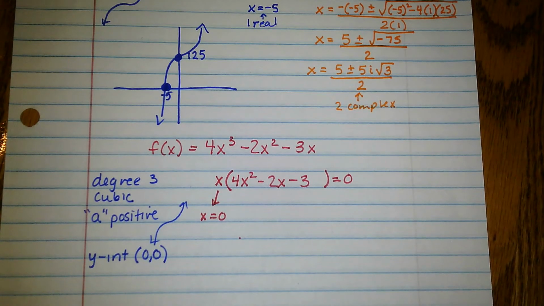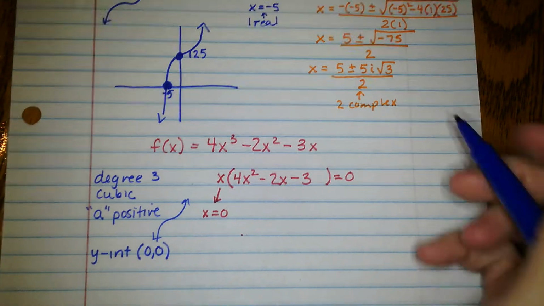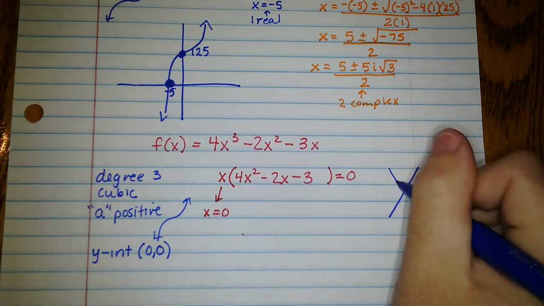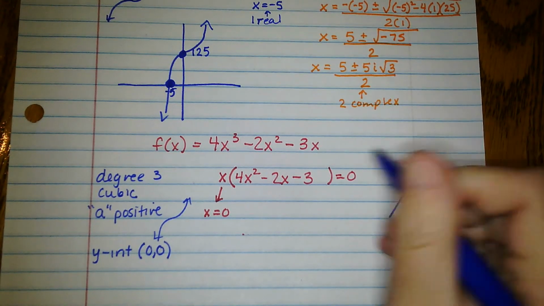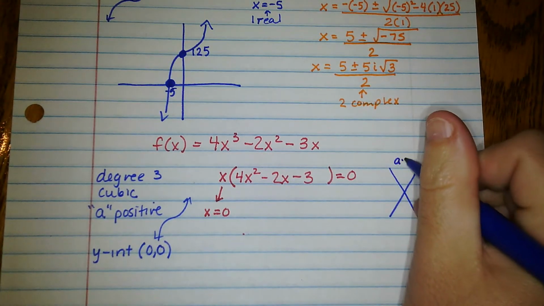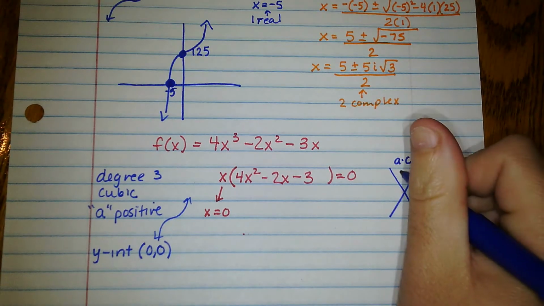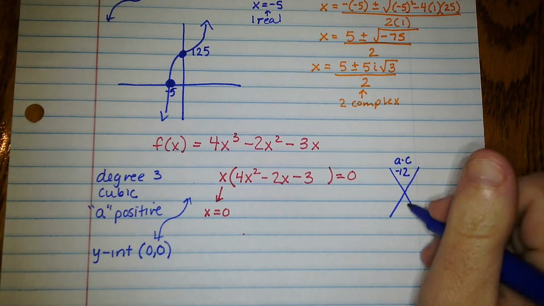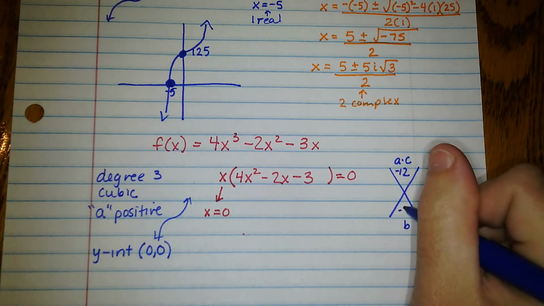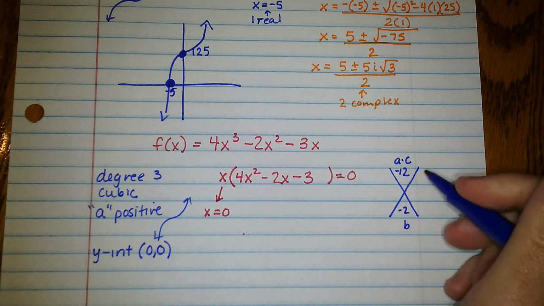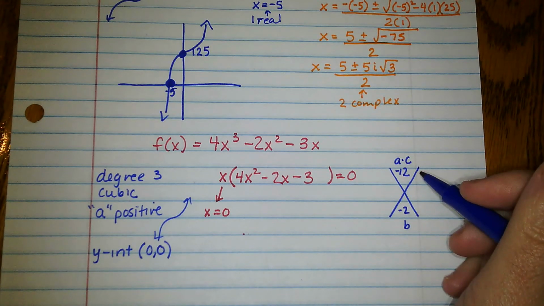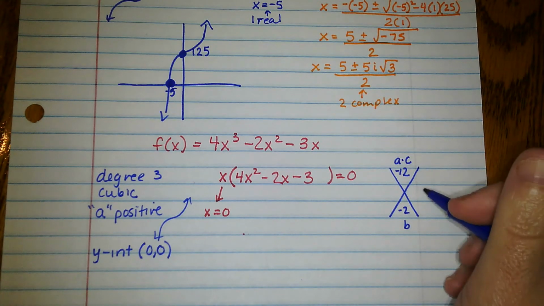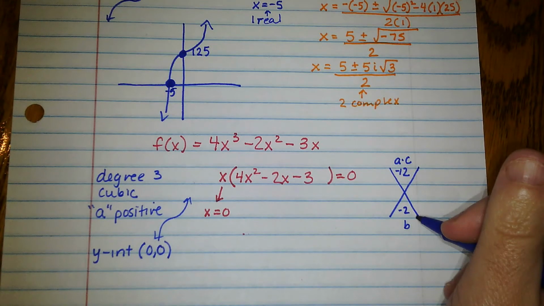Let's do some magic x happen. Let's see what it does. Magic x. A times c. 4 times negative 3 is negative 12. And my b term is negative 2. What multiplies to negative 12 that has to make negative 2?